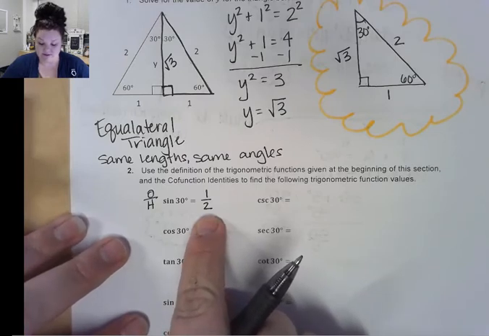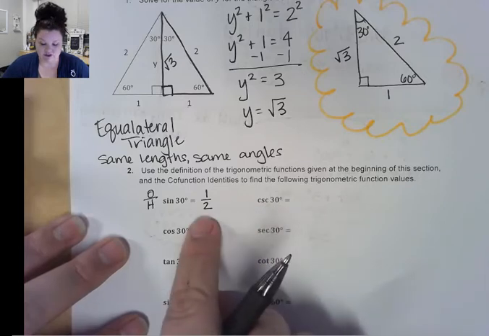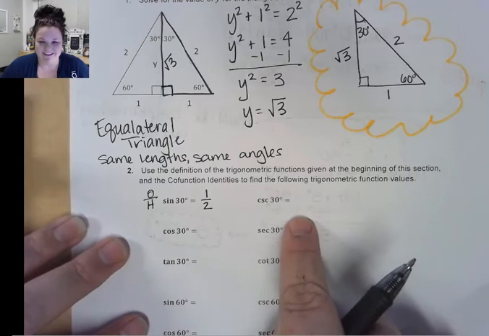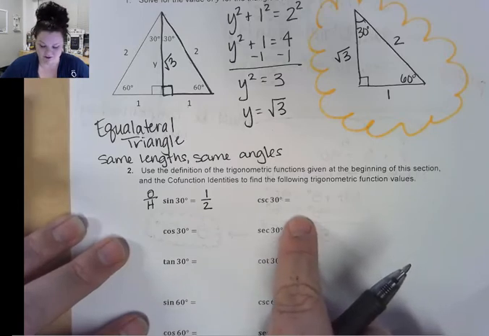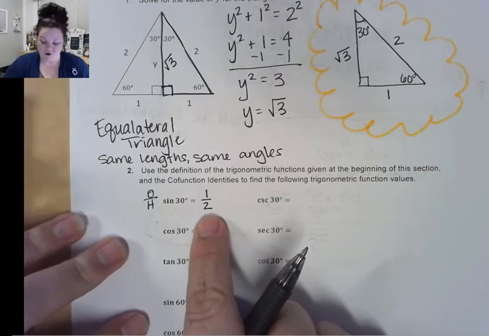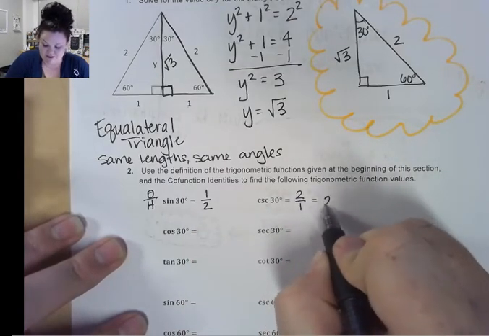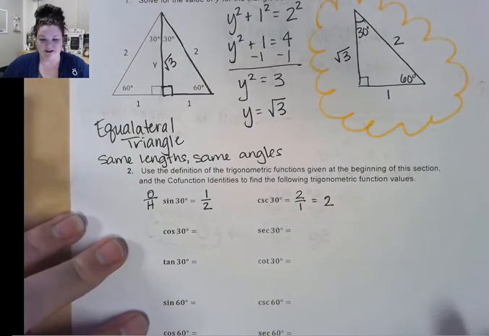Well, I should be able to figure out the cosecant, because cosecant is just the reciprocal. If I take the reciprocal of 1/2, that gives me 2/1, which is just 2. So I know that value.